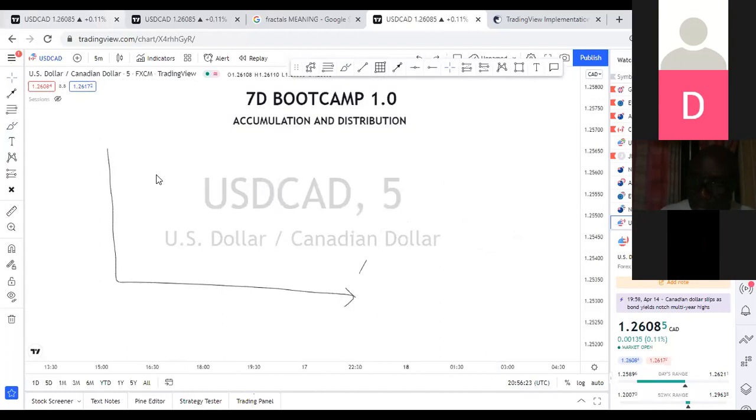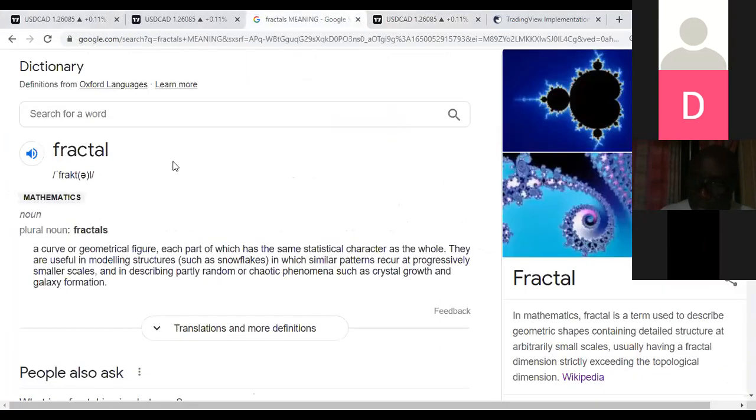and see what the definition of the fractal nature of price is. All right, so let's zoom in a bit. Now, what does it mean when we say something is fractal? A curve or a geometrical figure, each part of which has the same statistical character as the whole.